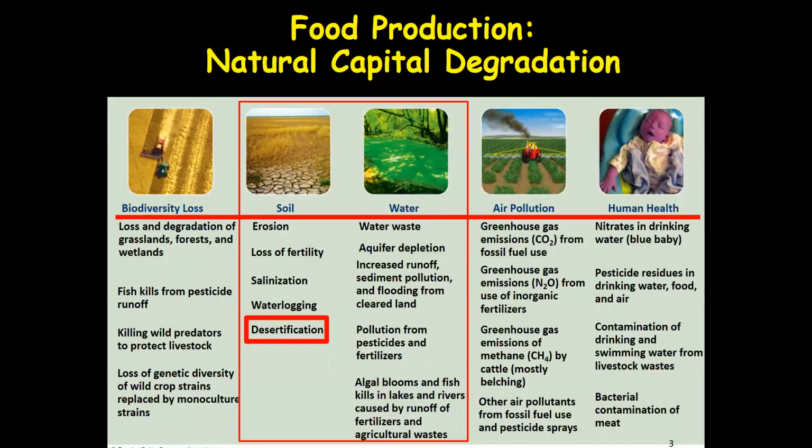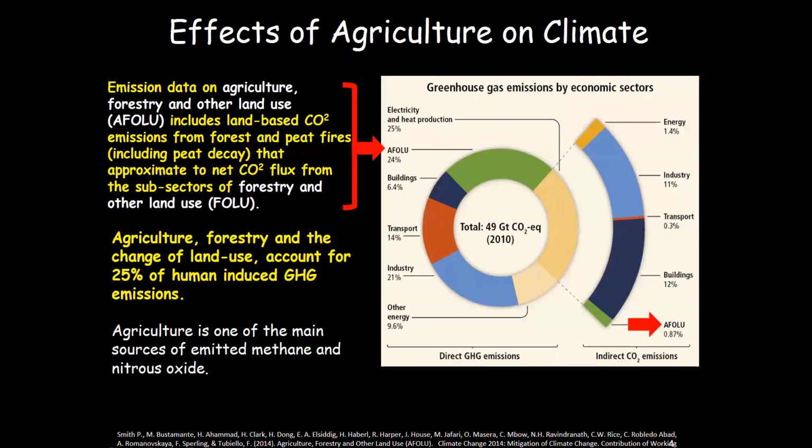On the flip side, we don't realize that food production or agriculture also has capital degradation in terms of it results in biodiversity loss, in soil erosion, desertification, water waste, water depletion, water pollution, air pollution, and obviously also negative impacts on human health.